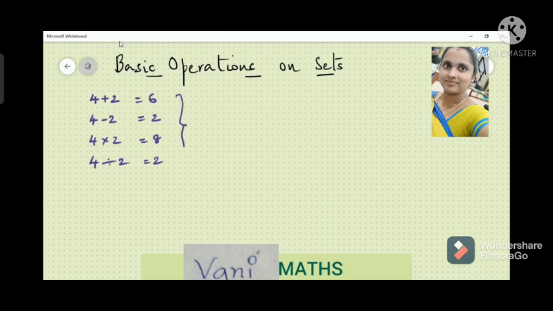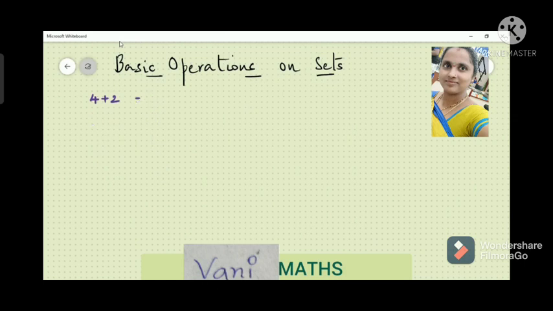In a similar way, we apply some operations on sets. We denote sets with capital letters, and we apply an operation on these two sets. Again, we get a set. The basic operations on sets are union, intersection, and difference of two sets.